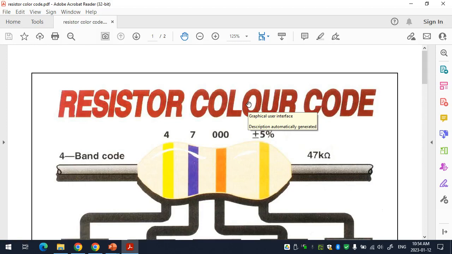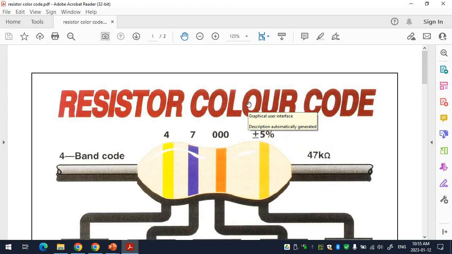One question is, where do I read from? Do I read from this side or this side? Do you see how one side has more space than the other? Never read from the side with more space. Read from the side with less space, where the color is closest to the edge.